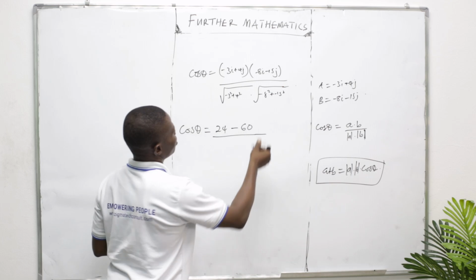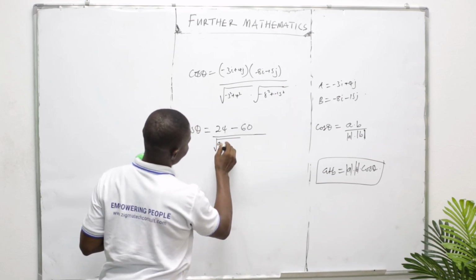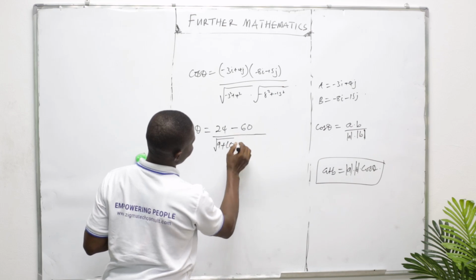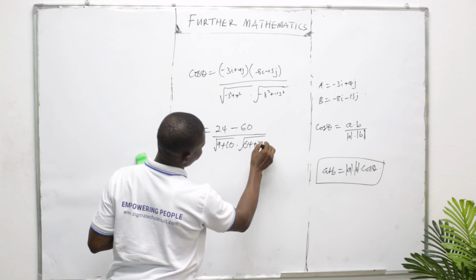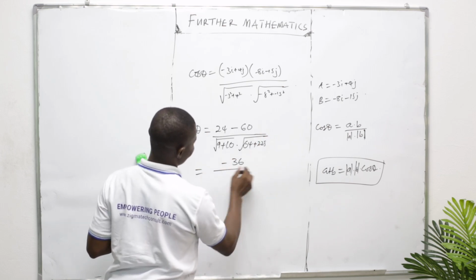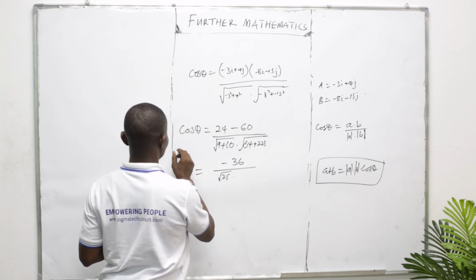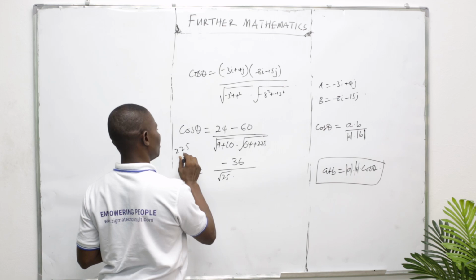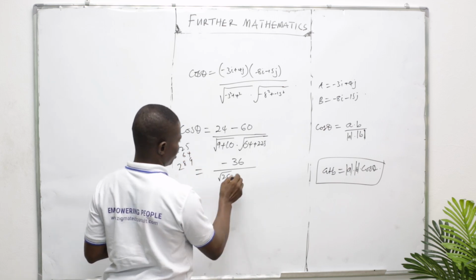Getting the meaning of the squares, we have, this is 9 plus 16 dot 64 plus 225. This will give us minus 36 all over root 25 dot root 289. Okay.